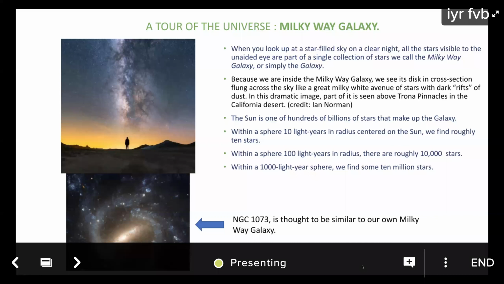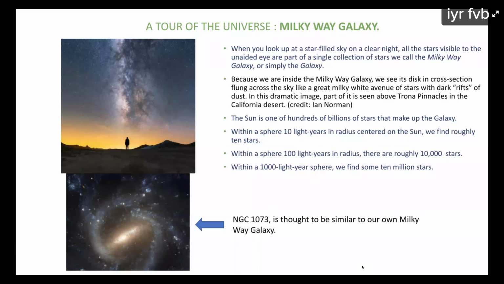So we started from the Earth and moved on to the moon, which is the nearest neighbor, and then went on to talk about the sun and the solar system. Now, let's go into the next step.